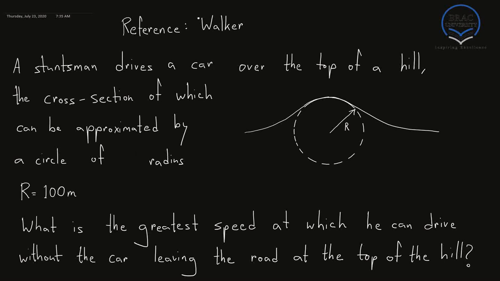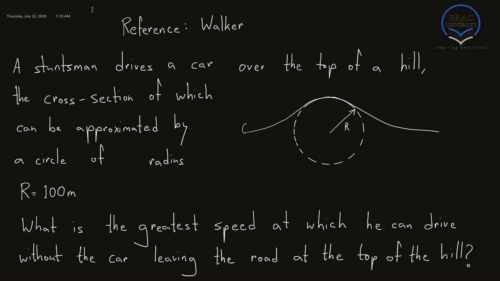What's the greatest speed at which he can drive without the car leaving the road at the top of the hill? This illustrates a fine point: when studying circular motion, you're not confined to motion along a circle. Sometimes you have motion along a curve, but for small sections of the curve you can think of that as basically circular motion.